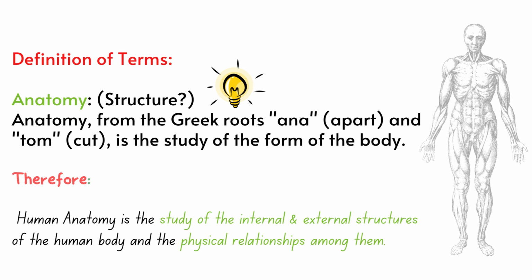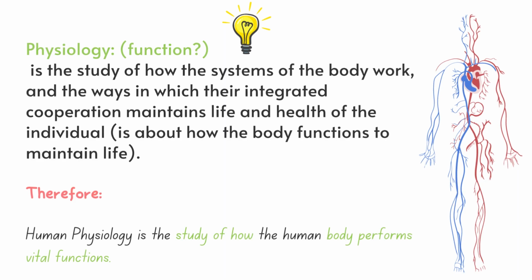So let us look at the other definition, and that is human physiology. In as much as anatomy focuses on the structure, physiology, on the other hand, looks at the function. Okay. So physiology is the study of how the systems of the body work, and they usually look at the way in which they integrate the cooperation in order to maintain life.